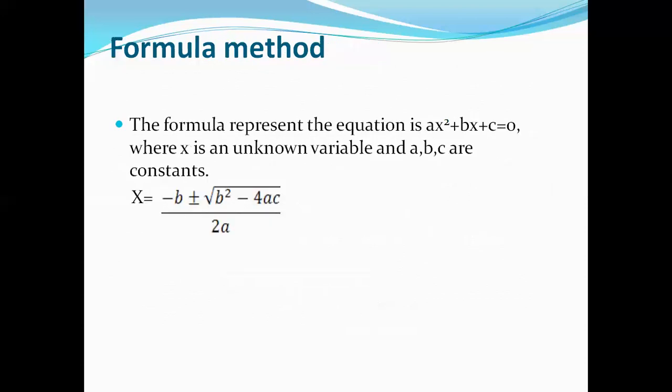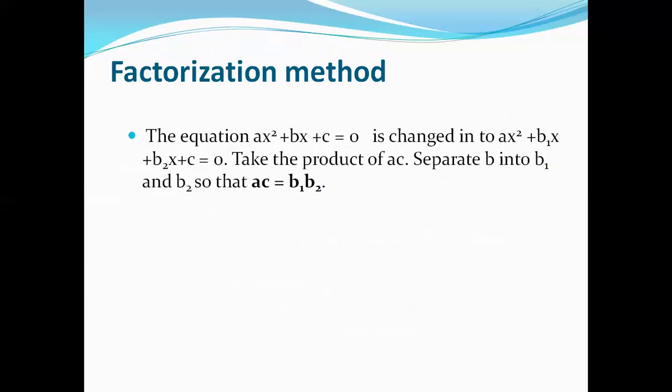Formula method. The formula represented as equation is ax squared plus bx plus c equal to 0, where x is an unknown variable and a, b, c are constants. Factorization method.